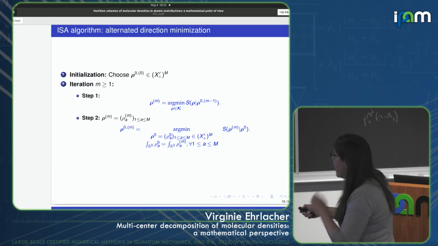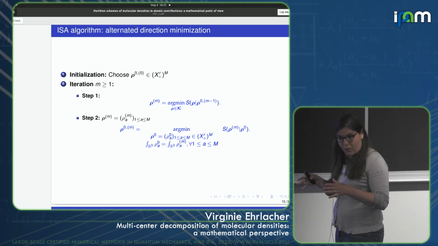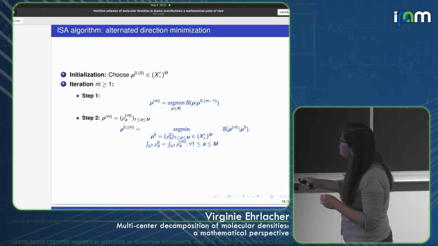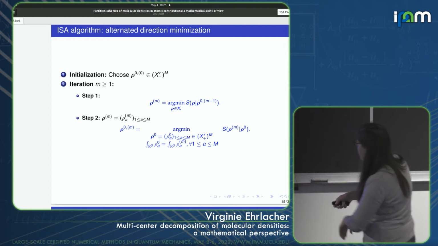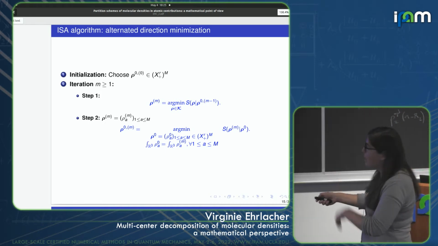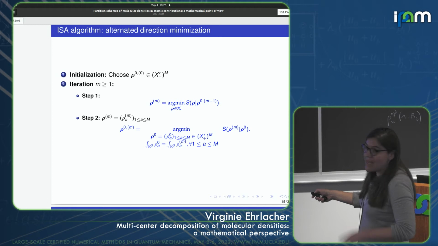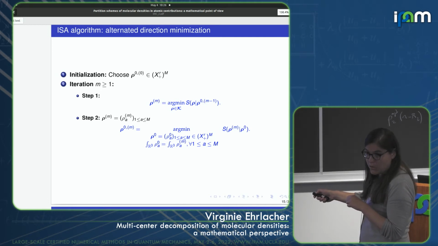So what do I mean by that? You start from a given set of n radially symmetric functions, which I denote here by rho 0, 0. Sorry, it's an iterative algorithm, I forgot to mention that. You just use some kind of fixed point method, which reads as follows. At iteration m, you define rho m, a set of admissible AIM decomposition.